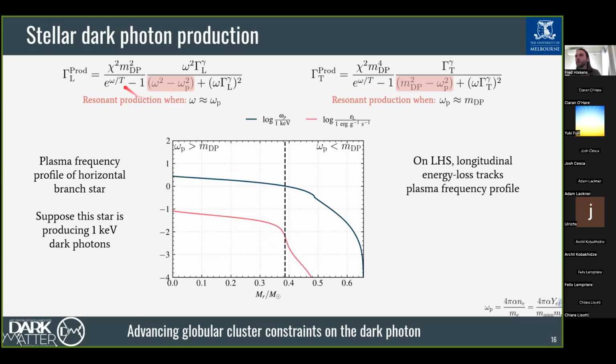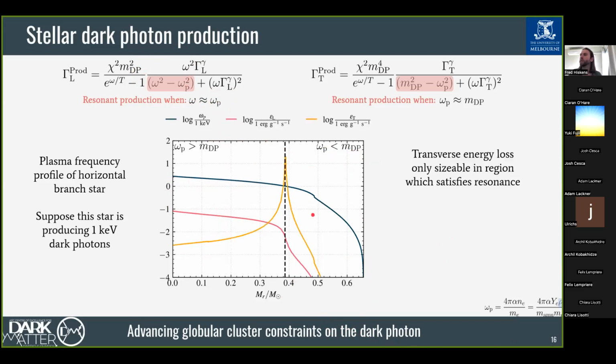This makes sense because this production is dominated by dark photons with energy equal to the plasma frequency. On the right-hand side, however, the production is suppressed. The main reason is that because the plasma frequency is less than the dark photon mass, this resonance condition is no longer included in the integral, as shown on the previous slide. So you get this suppression.